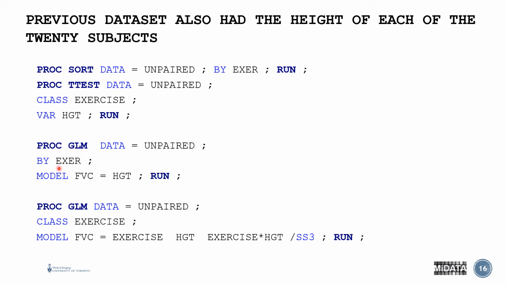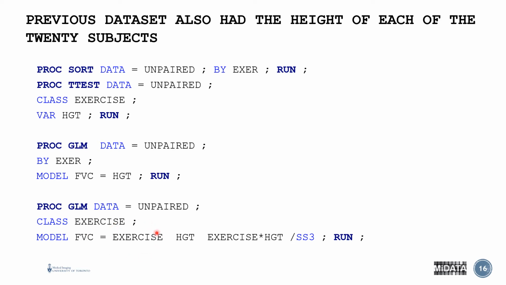The output is going to give us two outputs, one for exercise yes and the other for exercise no, for the relationship between height and FVC. We can then do our full model, okay, here, where we have, once again, class exercise, the model outcome, sorry, is FVC. This time, though, we're going to, of course, include exercise yes, no.